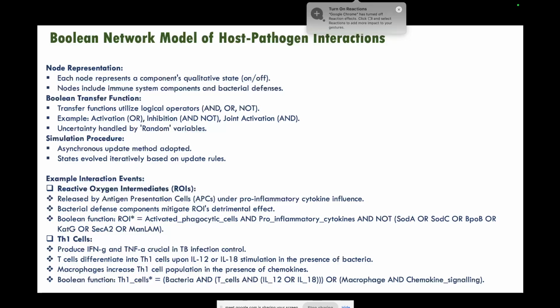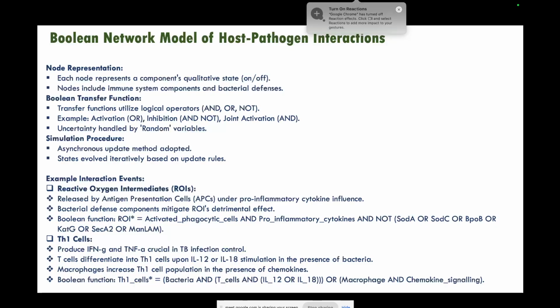Another example is Th1 cell activation. It produces IFN gamma and TNF alpha, which are cytokines involved in infection control. T cells differentiate into Th1 upon stimulation with IL-12, which is another type of cytokine, and macrophages increase the Th1 cell population in the presence of chemokines.